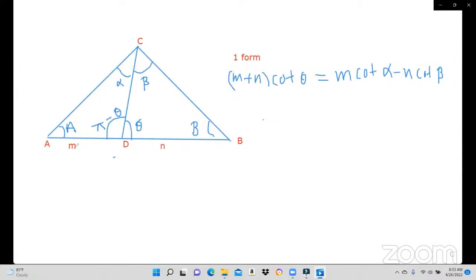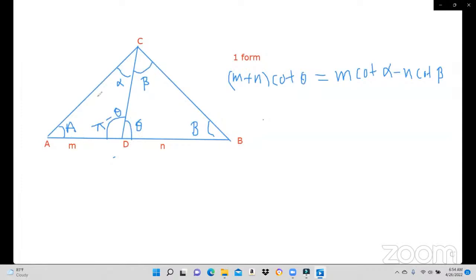M plus N cot theta: M plus N means the sum of the ratios, times cot of the given angle, which is theta. That is equal to the opposite side's angle. What is the angle opposite to this side? It is alpha. So M plus N cot theta equals M cot alpha.